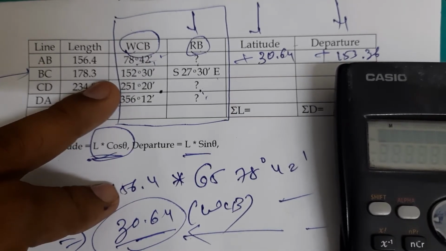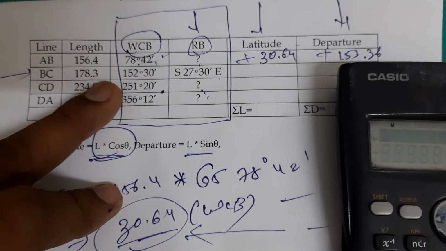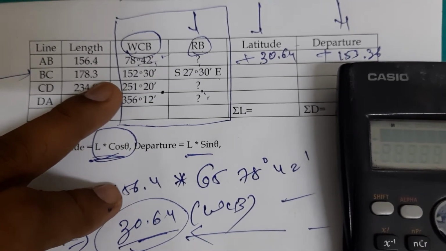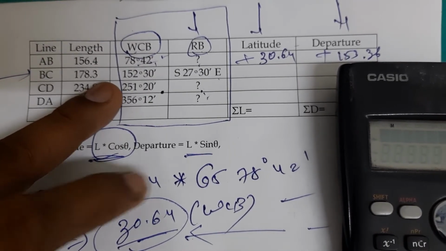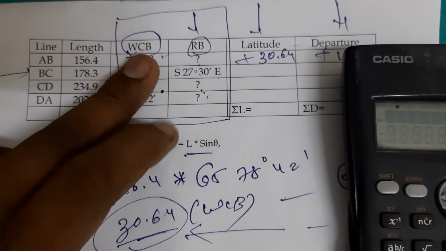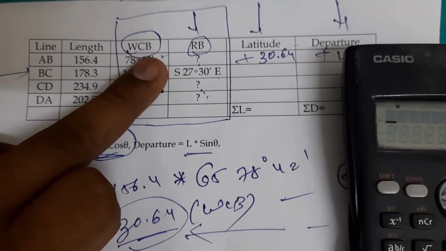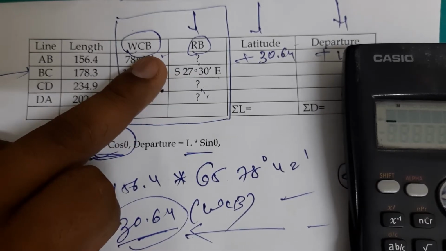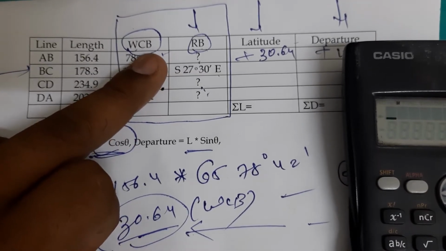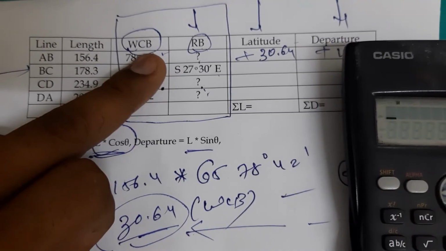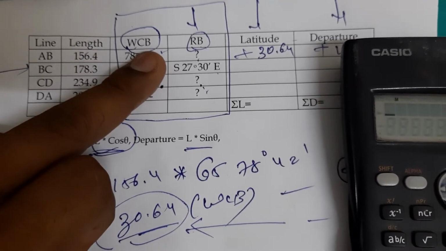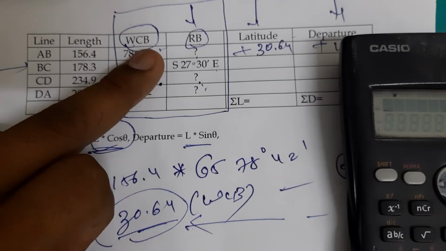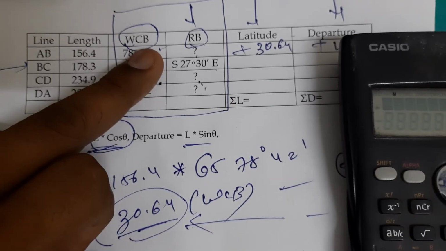If the data is not given in whole circle bearing but in reduced bearing, then you need to convert. If the data is given only as south 27 degrees 30 minutes towards the east, you need to understand which quadrant this bearing is in, and based on that you need to put the sign.